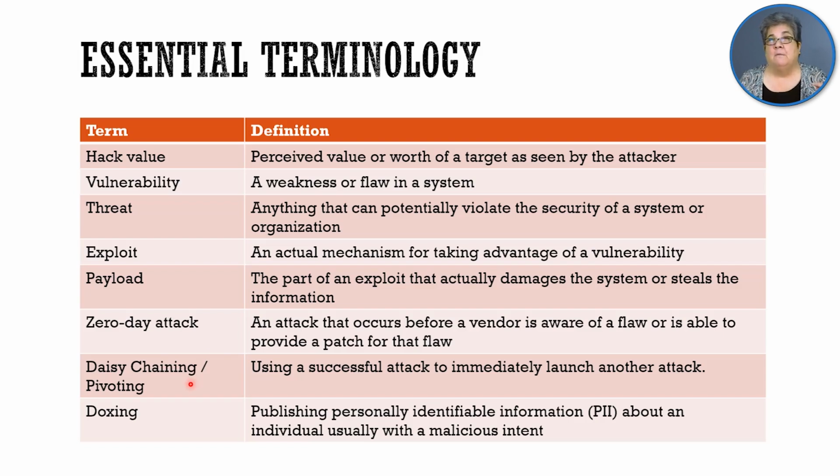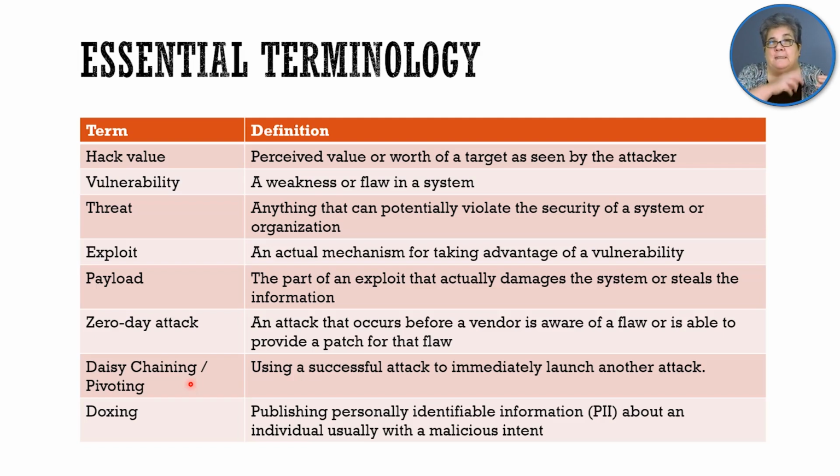Daisy chaining or pivoting. This is when you take one first attack and you use it as a launch point to start another attack. So like maybe we'll break into the web server in the DMZ, but we'll use it to further attack internal computers.